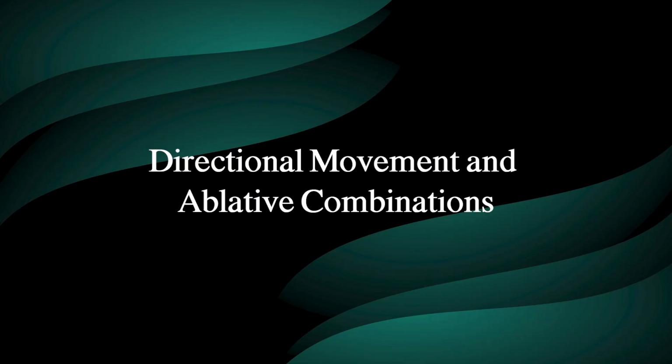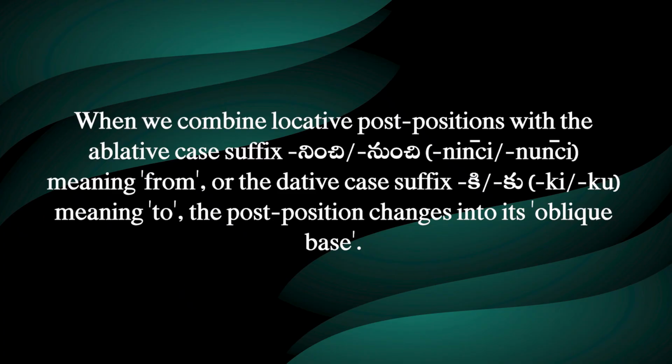Directional movement and ablative combinations. Now, let us connect location with movement. When we combine locative postpositions with the ablative case suffix ninchi or nunchi meaning from, or the dative case suffix ki or ku meaning to, the postposition changes into its oblique base.